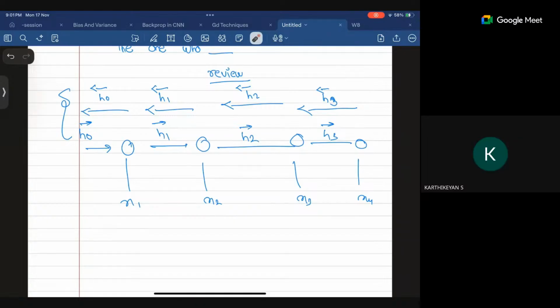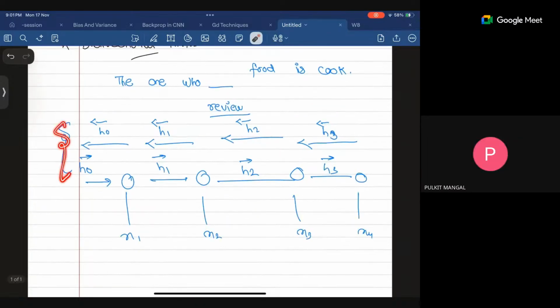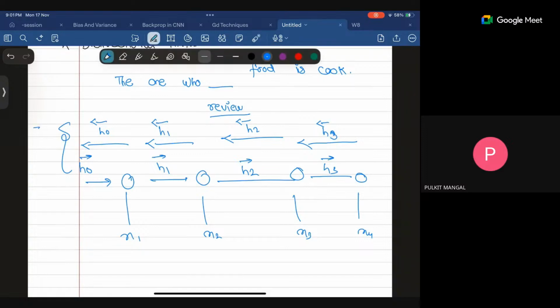Now, as we need the combination of both the directions, what we do is we concatenate both of them. So the final version is represented by the concatenation of both of them.